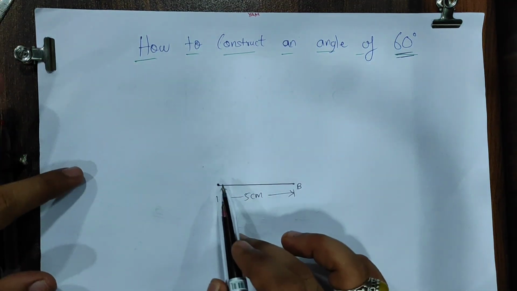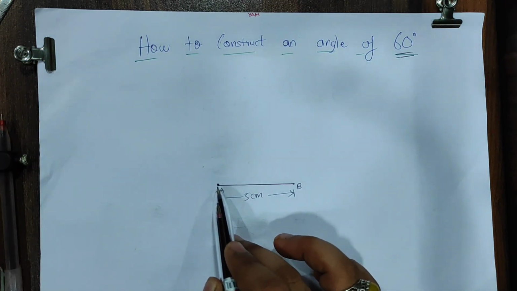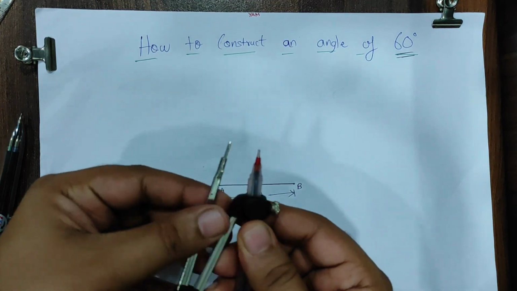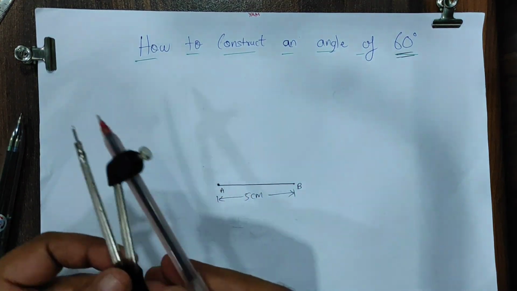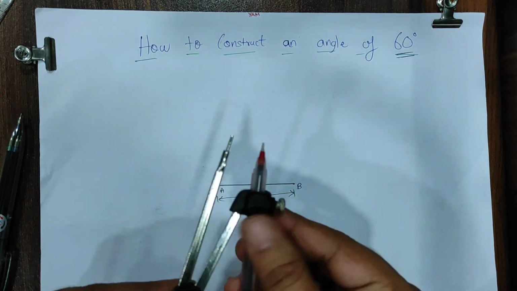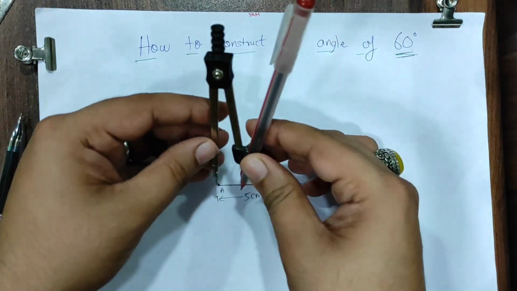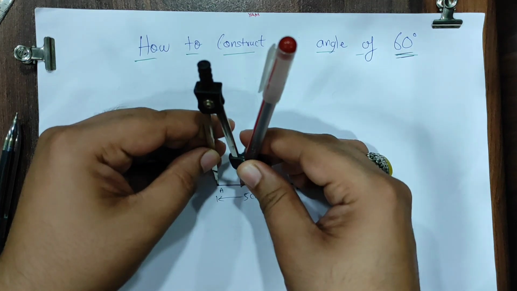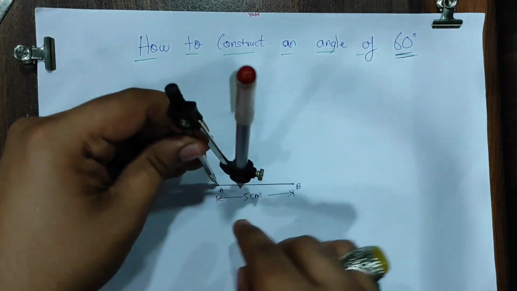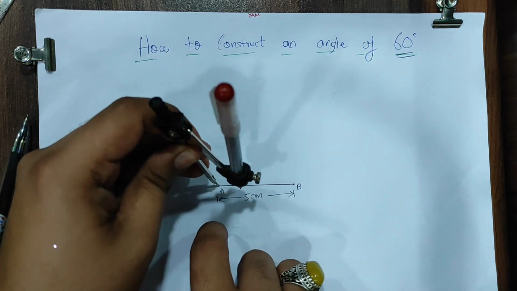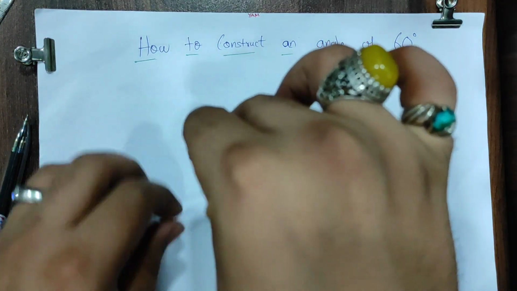Now I have to make an angle of 60 degrees at angle A. So within the compass I'll take any random measurement. No need to check whether it's 1 centimeter, 2 centimeter. Just take any random measurement. I'll keep the nib of the compass at this darkened point, and see how I draw.